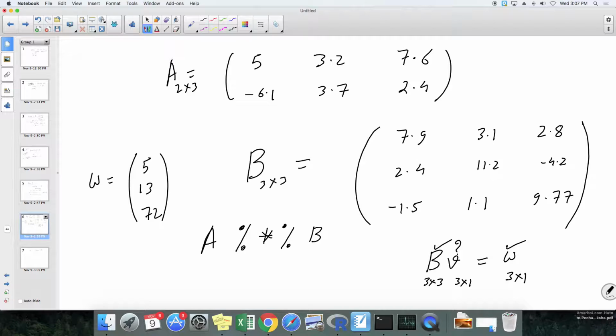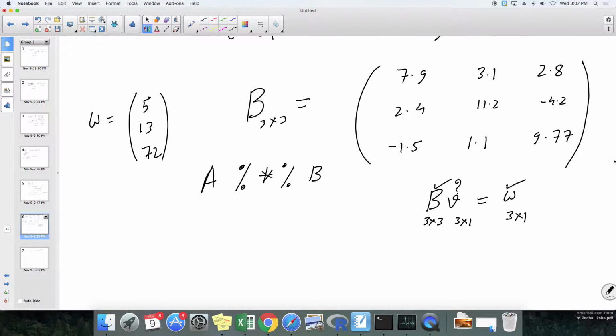And solving this is just like solving 3 equations in 3 variables. I hope you get this point, that the first equation, for example, is, I'll not write all of them, but let me write one.